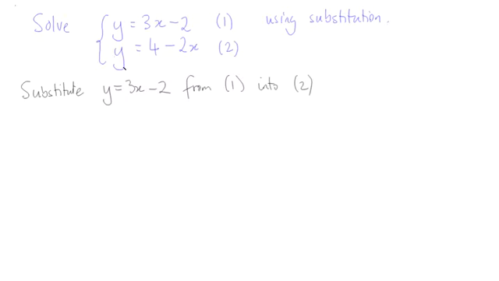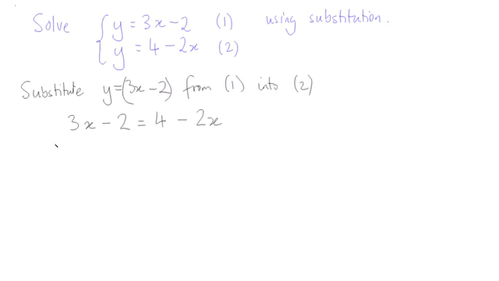So anywhere I see a y in equation 2, I substitute 3x minus 2. Luckily in equation 2 I already have a y equals on its own. So I just put, in equation 2, instead of writing y, I write 3x minus 2 from the first equation. 3x minus 2 equals, and then I've still got the right hand side of equation 2, 4 minus 2x.